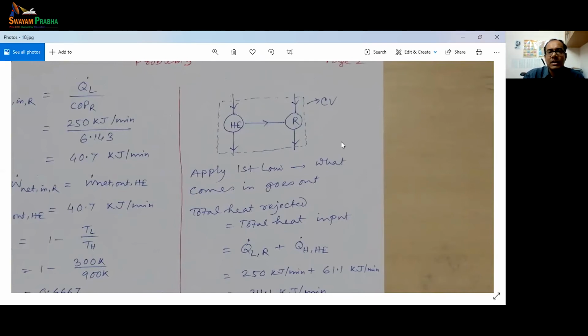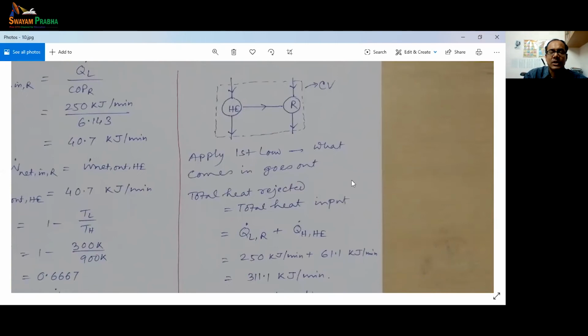Whenever you have a work or heat interaction crossing the boundary of a control volume, then only it appears in the balance equation. So here there are two inlets for the heat, and there are two outlets here and here.